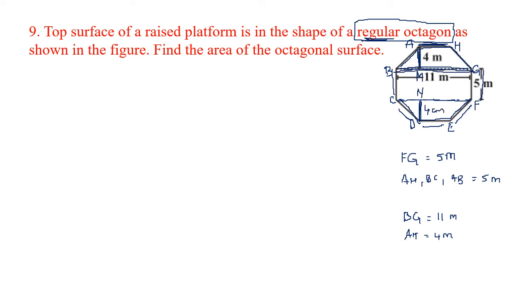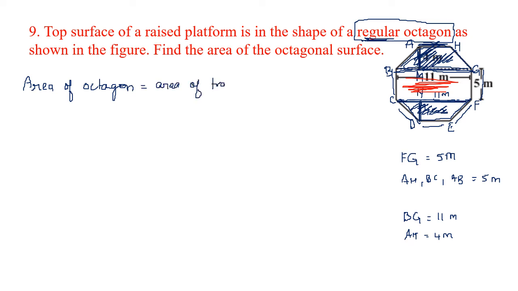If BG is 11 meter, then CF will also be 11 meter. So now we have got three shapes: a trapezium, a rectangle, and another trapezium. So I can write area of octagon is equal to area of the trapezium, the first trapezium we saw, the one on the top, this one is AHBG.